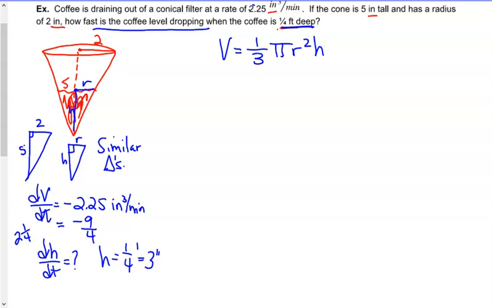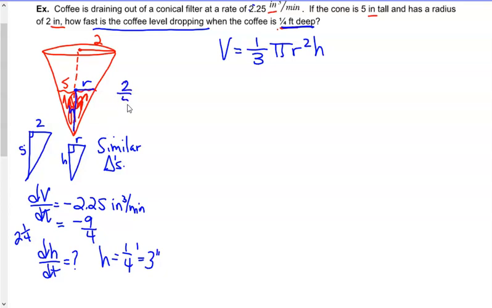Now, actually, I do know something about the radius, which is right back here. With our similar triangles, if you go back to geometry, that means that our sides are proportional in these triangles. So I can write a proportion relating this radius to that height being equal to this radius over that height.